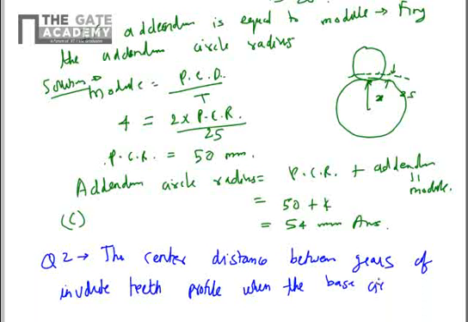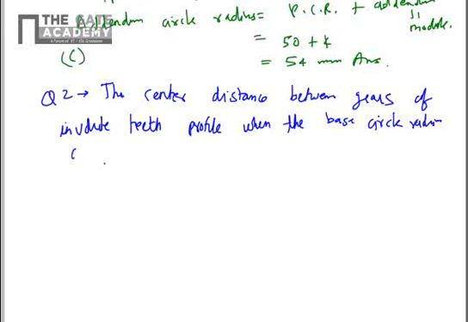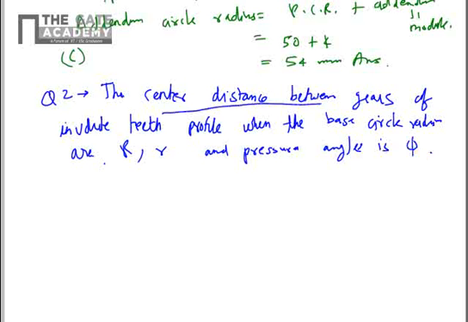The base circle radii are capital R and small r. Remember, capital R for the bigger gear, that is the wheel, and small r for the pinion. And the pressure angle is psi. So what is the center distance between the gears?